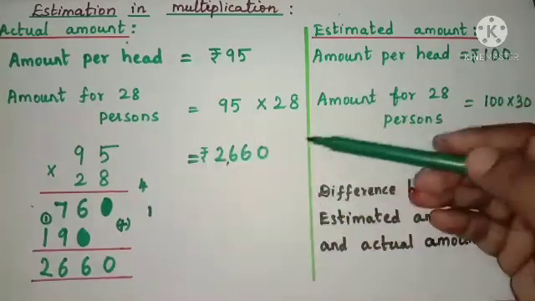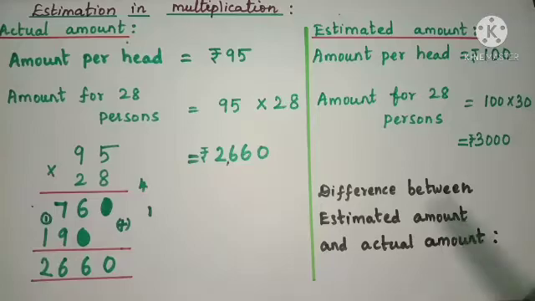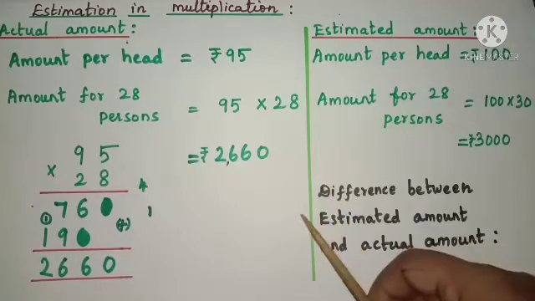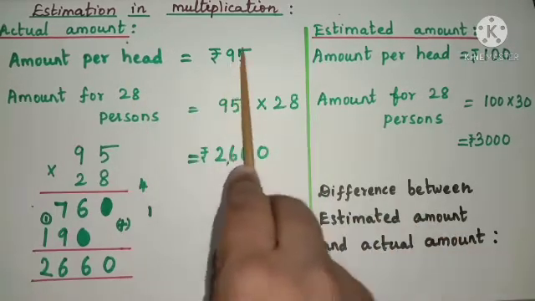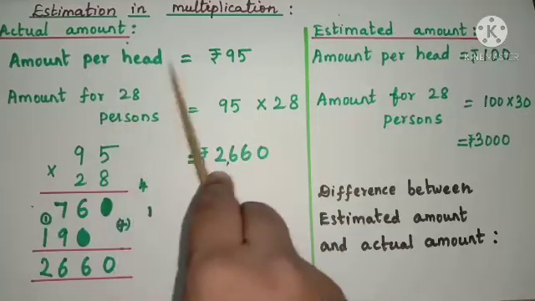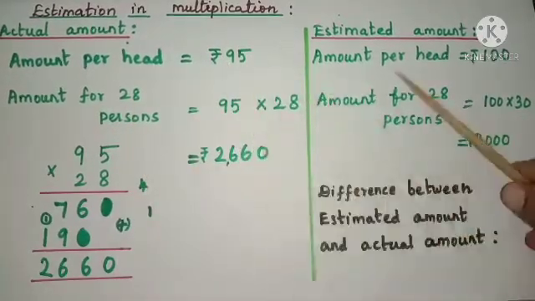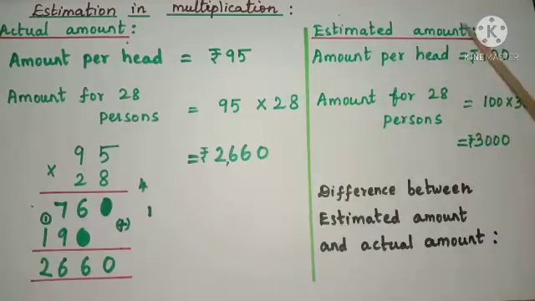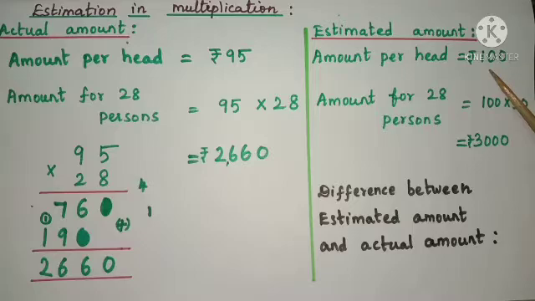Now children, what is the estimated amount? Here we need to estimate each of the values. The amount per head here is 95. The estimated amount per head is, yes, we need to estimate 95.